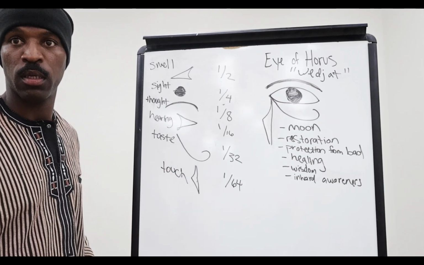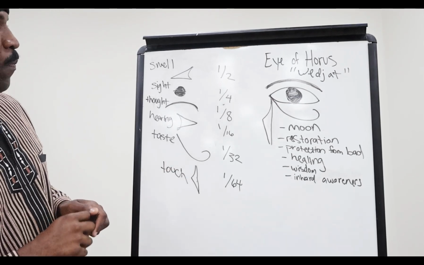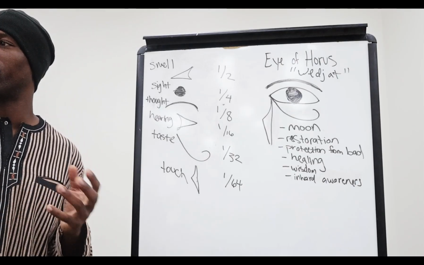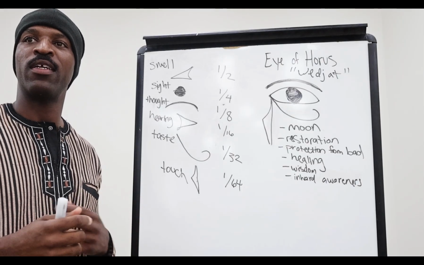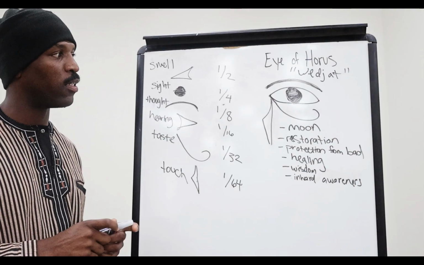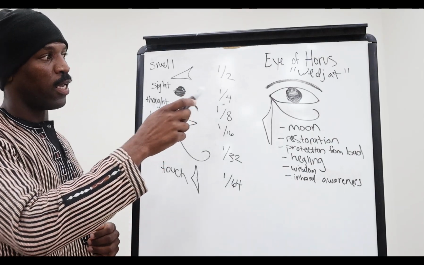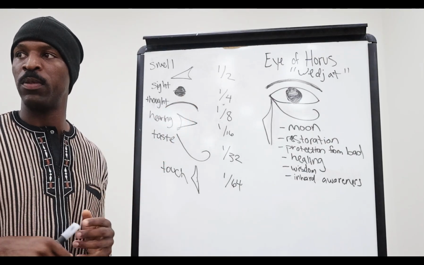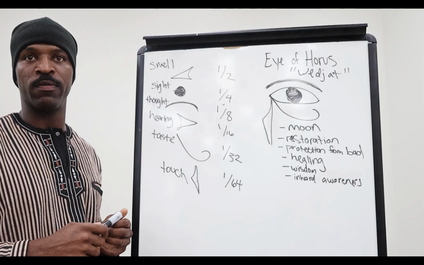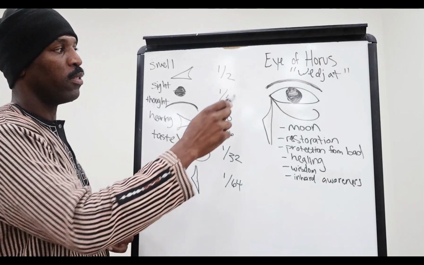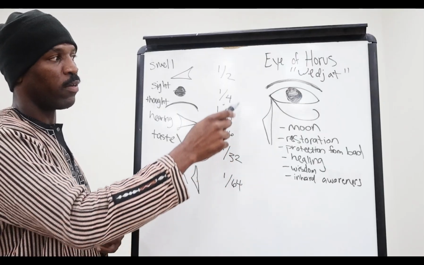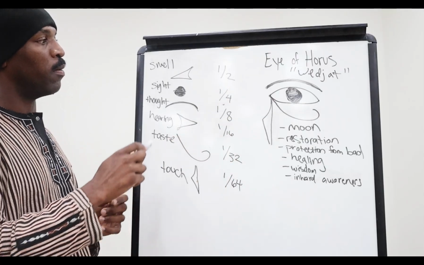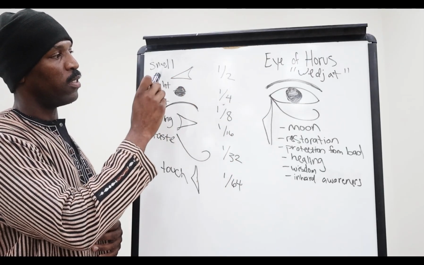touch. Okay, so when Set ripped out Horus's eye and split it into pieces, this was analogous of saying that his senses were split into pieces, and these are the way that the Egyptians divided up the eye to represent. Also, they correspond to different fractions, right? The first one is the sense of smell.